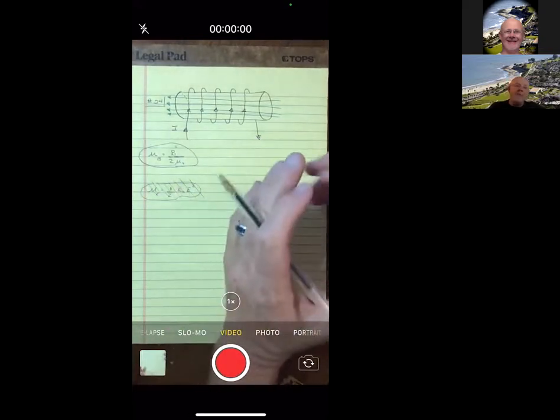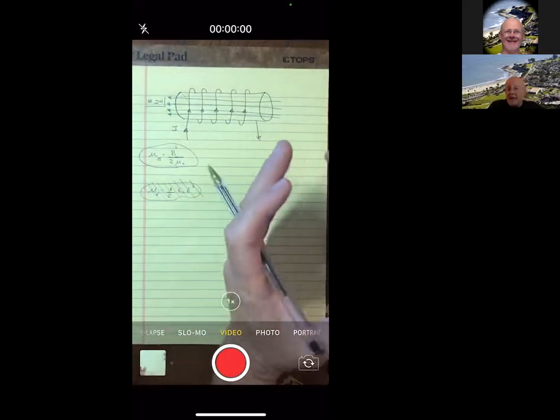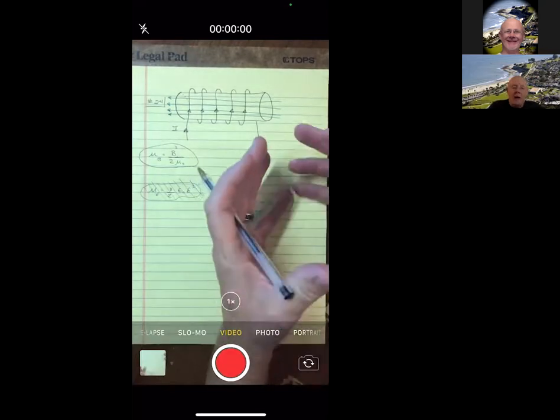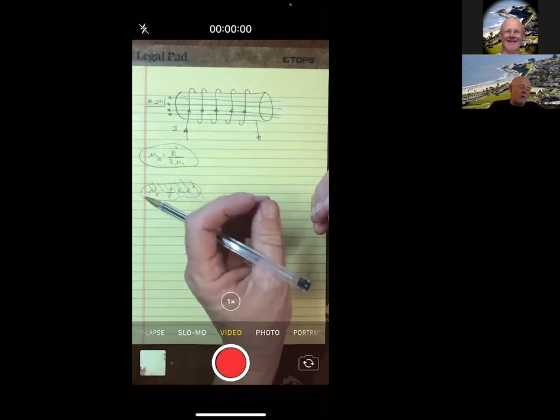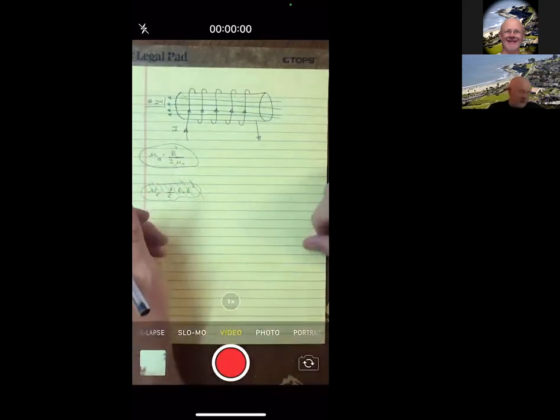But as we wrap up this semester, we get into electromagnetics, where the two are going on at the same time. And I need to be careful. Am I talking about the energy of the magnetic field or the energy of the electric field?